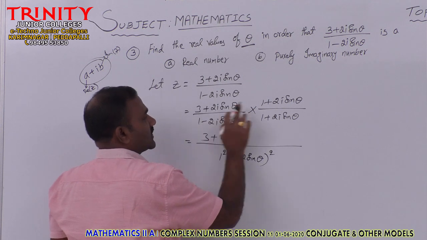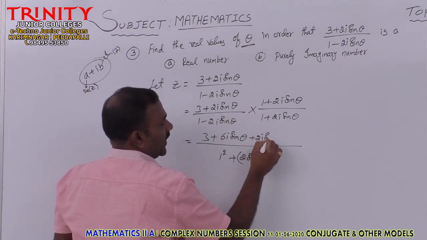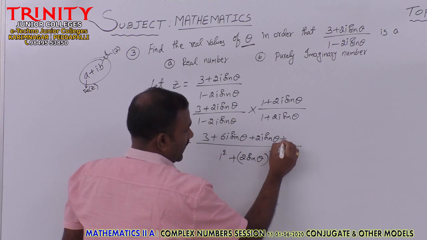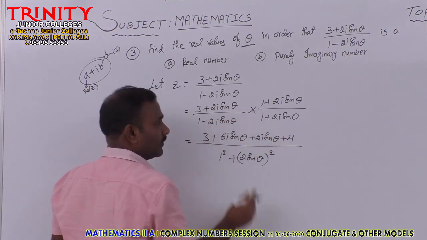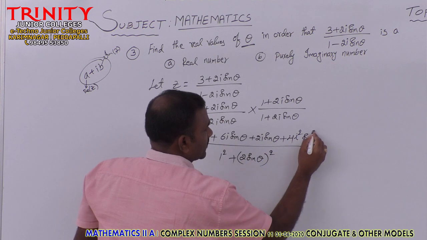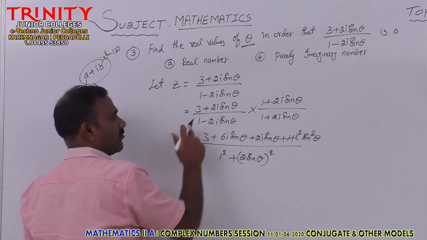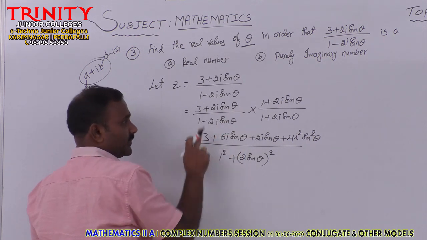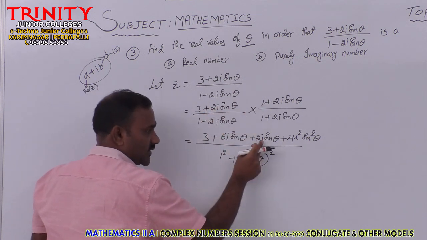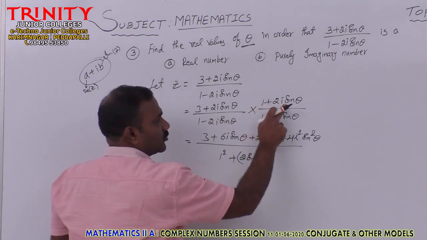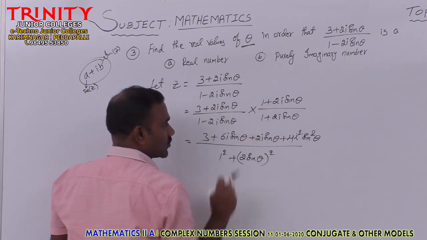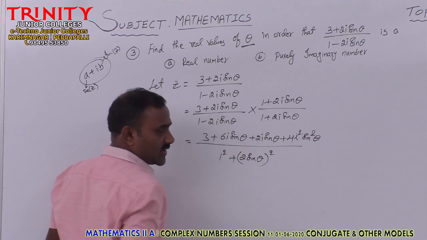Next, 2i sin theta into 1 is 2i sin theta, then 2i sin theta into 2i sin theta: 2 into 2 is 4, i into i is i square, sin theta into sin theta is sin square theta.